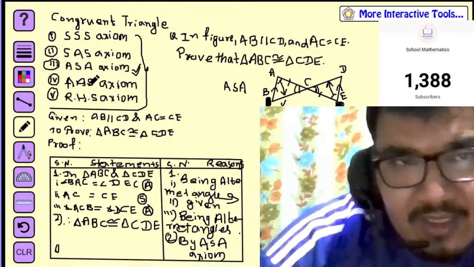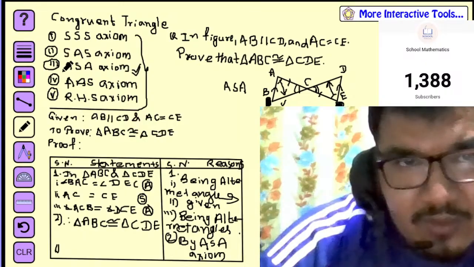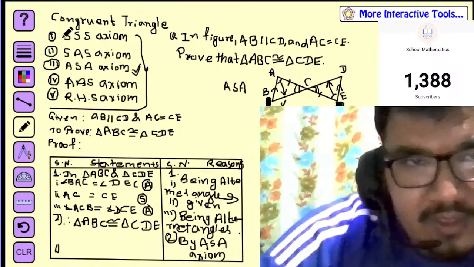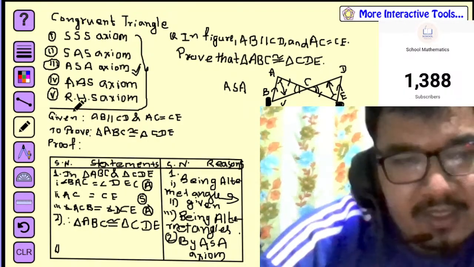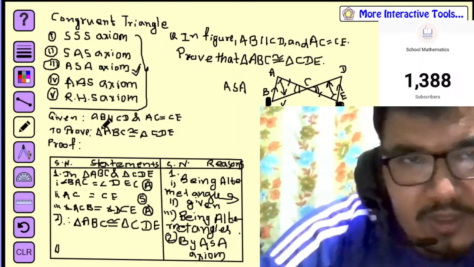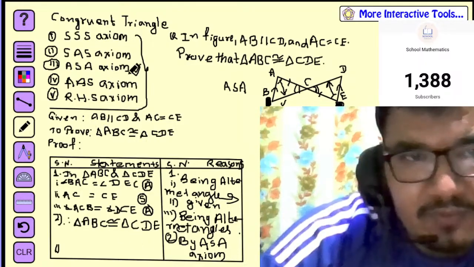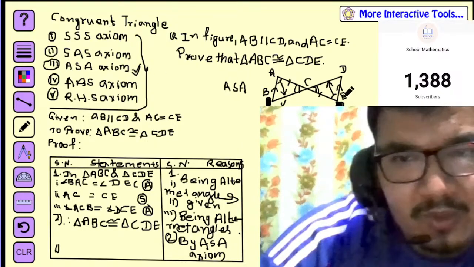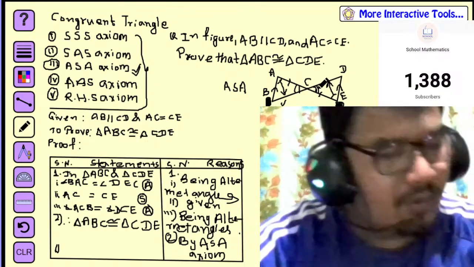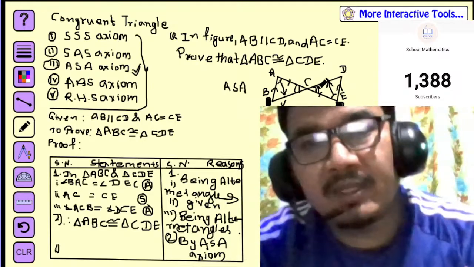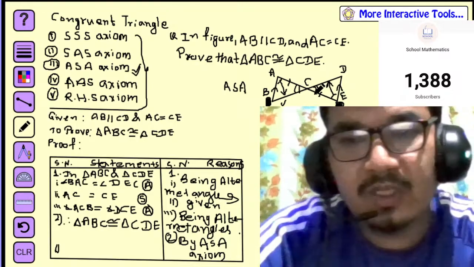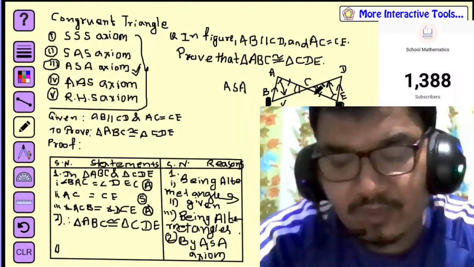The third one is angle side angle, the second one is SAS, side angle side, and the first one is side side side. Like this we use these five axioms. Among these five axioms, we have to apply the one appropriate to show the given triangles congruent.